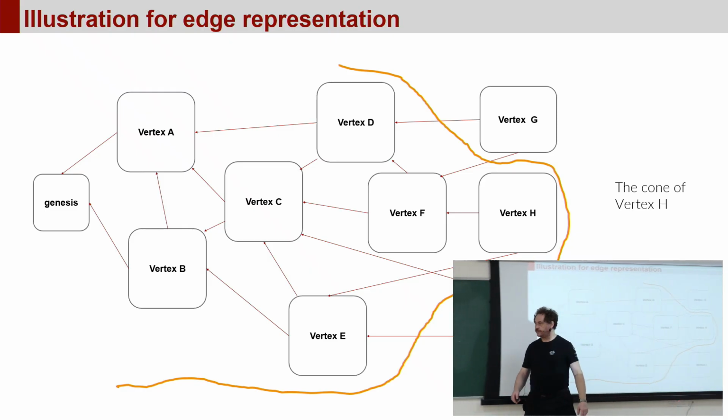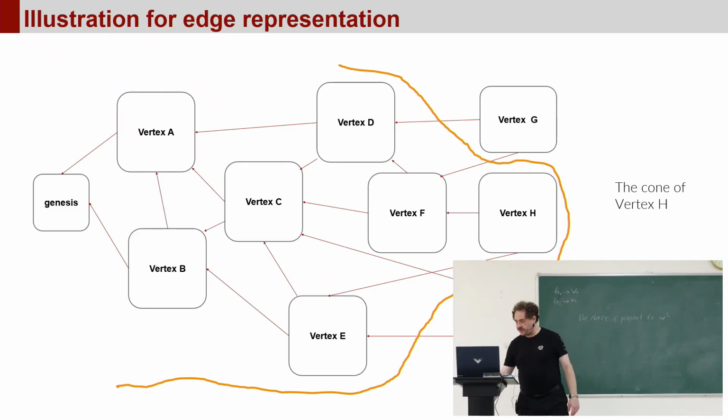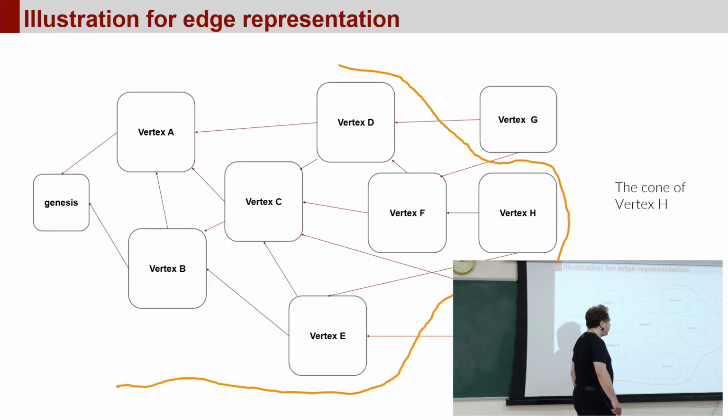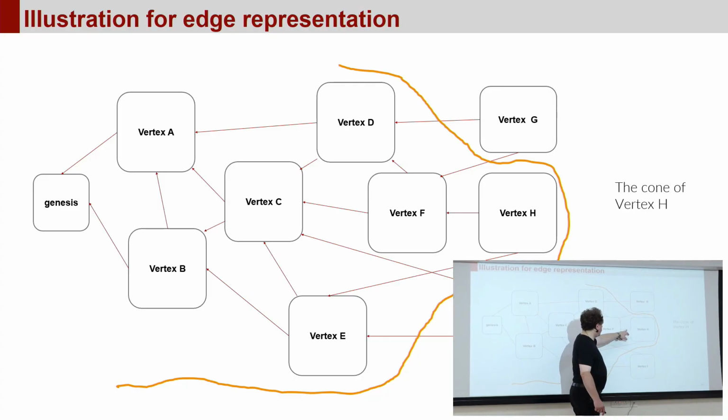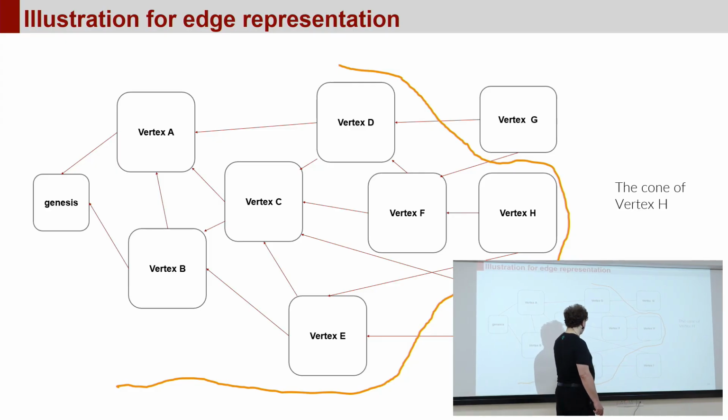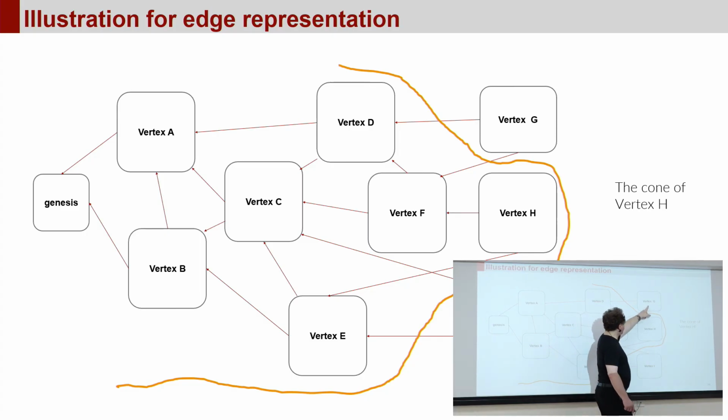In this example, the edge may signify that, for example, vertex F would be competing with, okay, that would probably not work. Okay, let's consider vertex G, right?